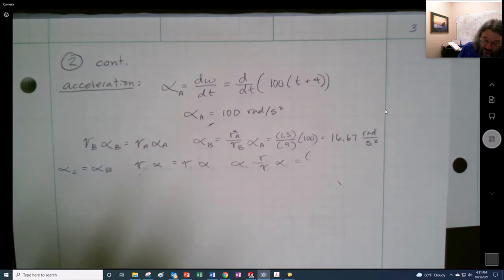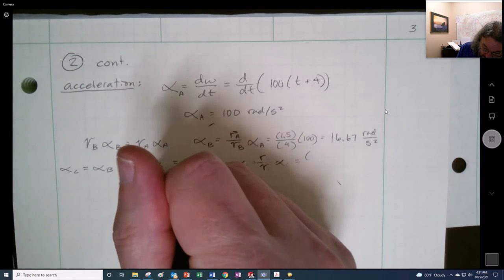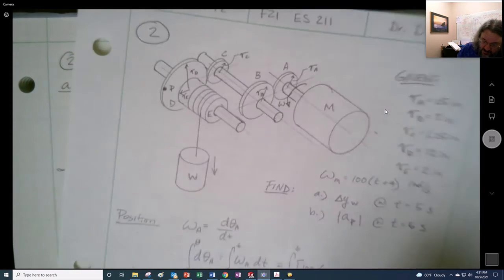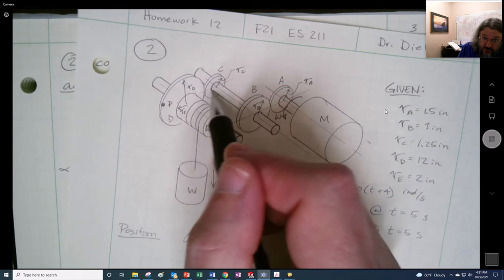All right, so we know that right there. But this right here, we're going to say D and C, right? Because that's the thing we're really doing. We're connecting these two together.